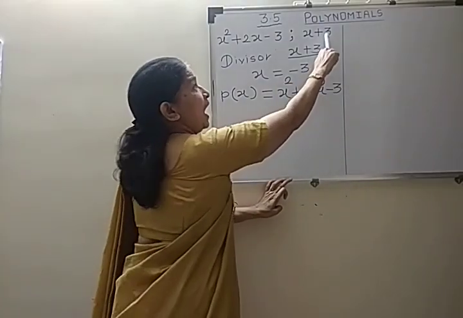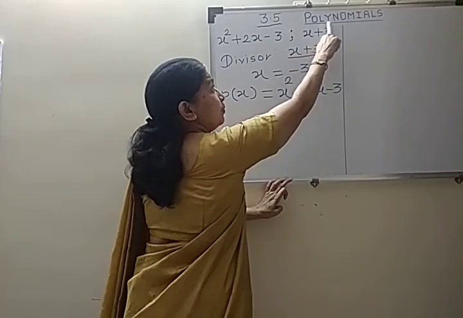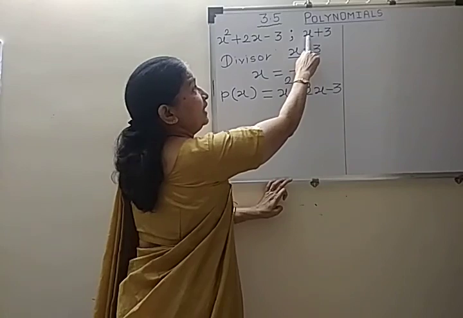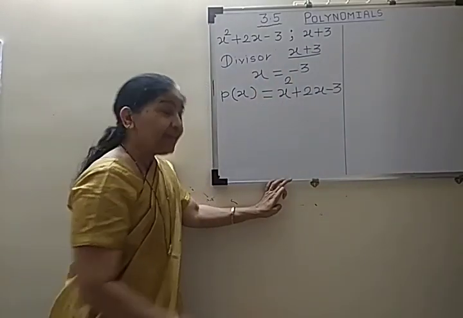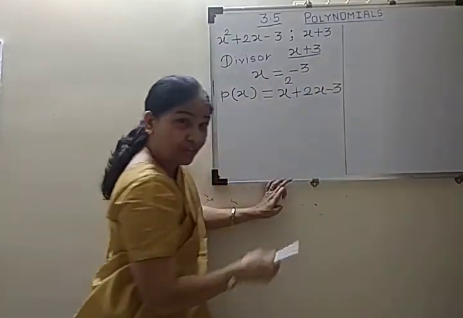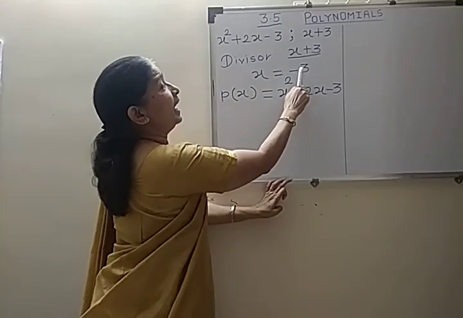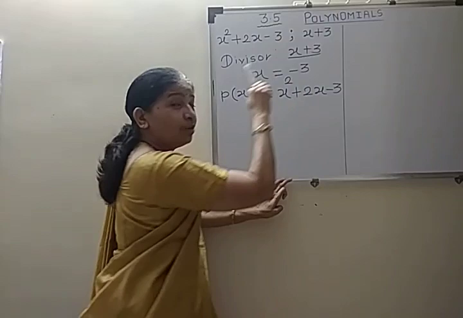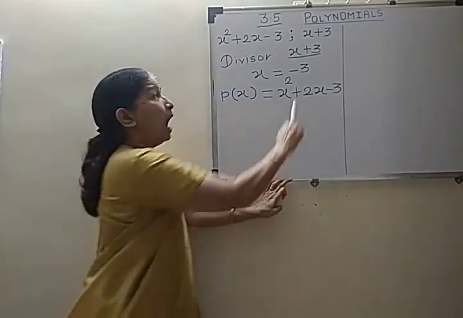Now substitute this variable x by minus 3. Remember, we have to decide whether this is a factor or not, so I didn't take x plus 3. Instead of that, I took the opposite sign, minus 3.